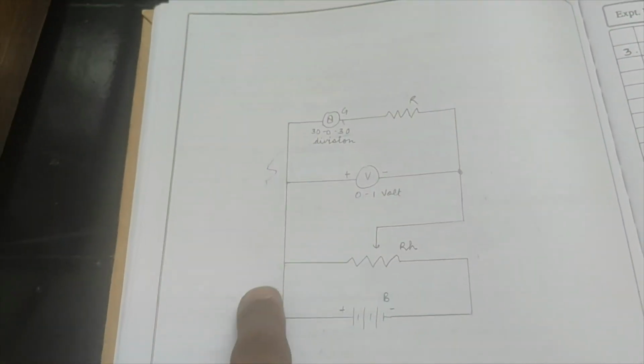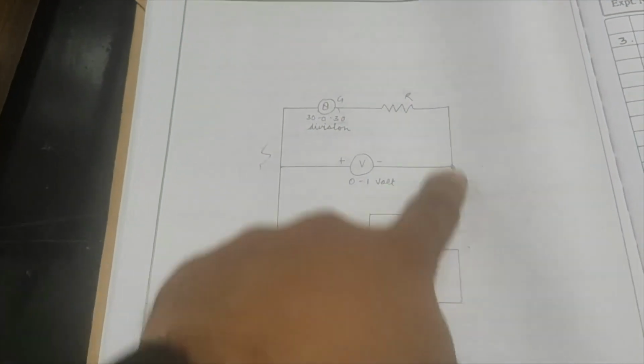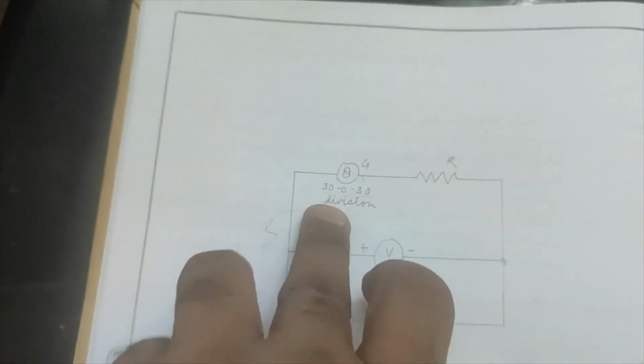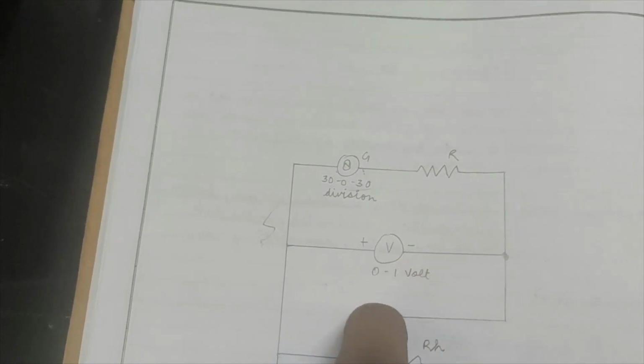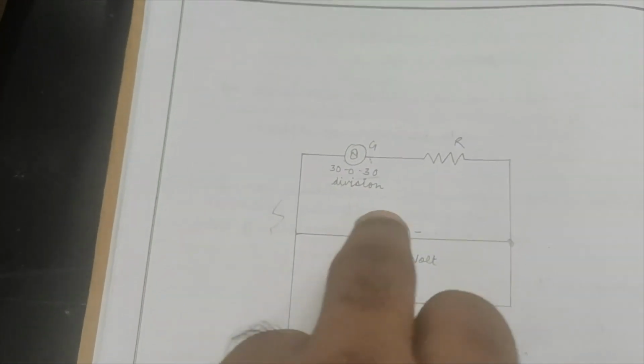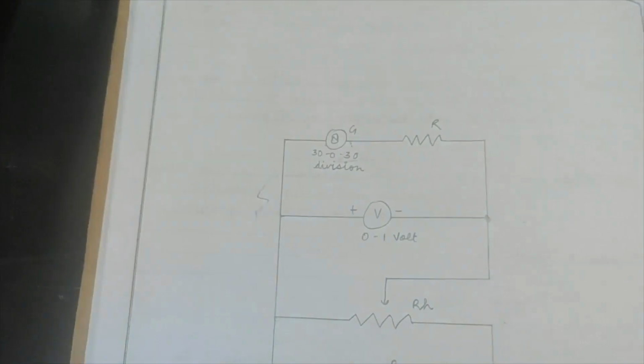So this is the circuit in which we are going to convert our galvanometer into a voltmeter of 0.5 or 1 volt range using the shunt resistance in series with the galvanometer.